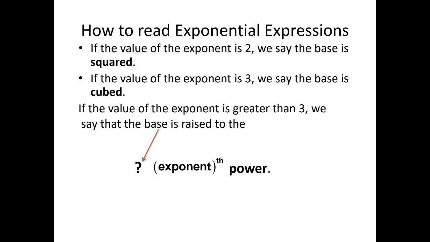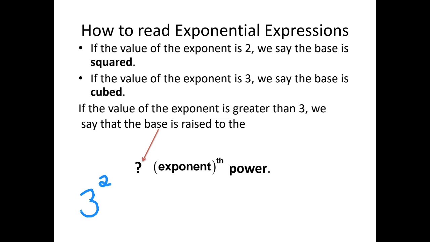If the value of the exponent or the superscript number is 2, and down here I'm going to give you an example. I have 3 with the 2 in the exponent position.